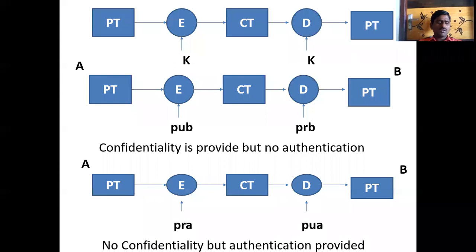Okay, and now what is the problem here? Is there any problem? In the symmetric encryption, we are directly transferring the plain text. See here, the plain text is directly transferring. When you are transferring the plain text directly, there is a chance of modifying the plain text.